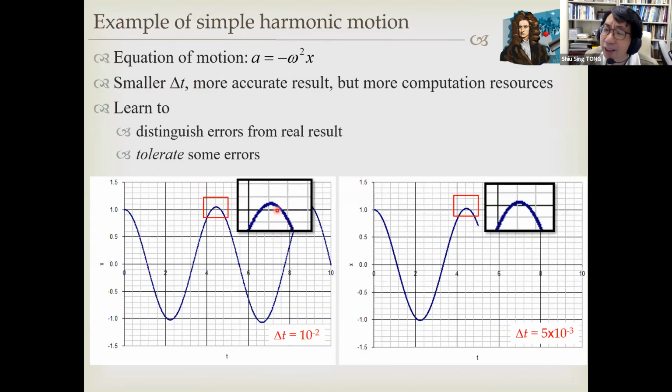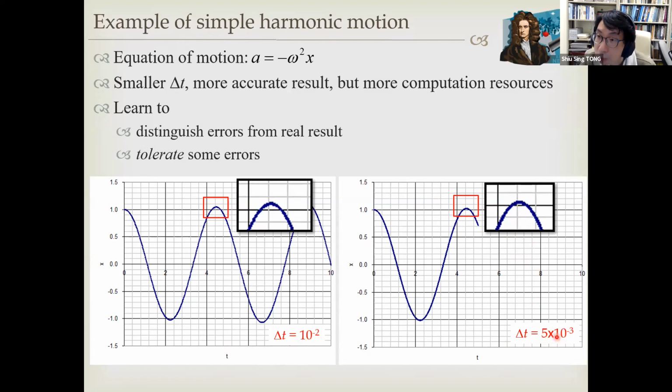So how do I know that this is error, but not the real thing? Well, I try to reduce the delta t. Instead of using 0.01, I now use 0.005, which is half of this. And after reducing the delta t, I find that the error is reduced.